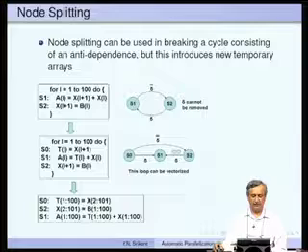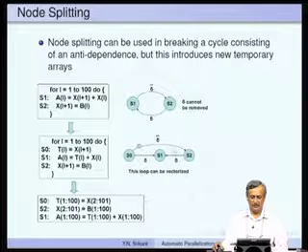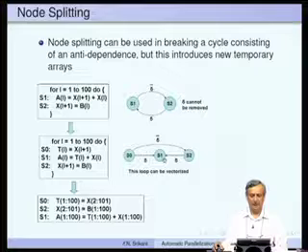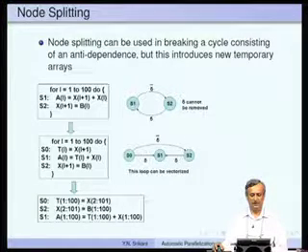Okay. So, because we broke this node into 2, now the dependence cycle has vanished. There is no cycle, both these dependences from S0 and S2 to S1 are in the same direction towards S1. So, there is no cycle at all, and this loop can be vectorized now.